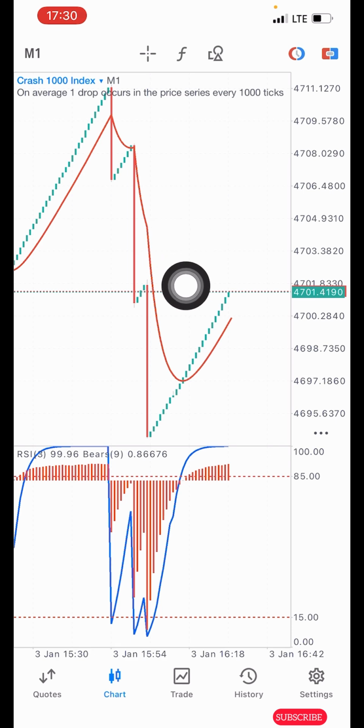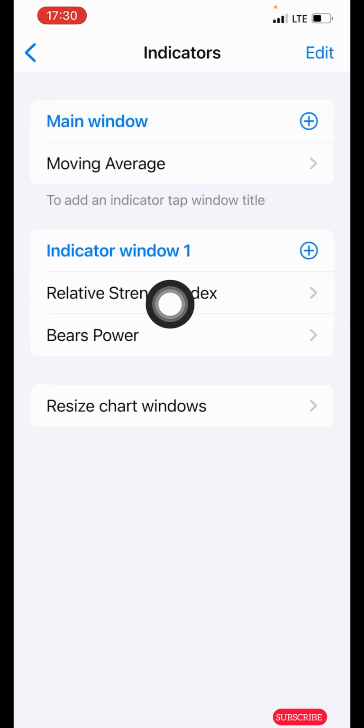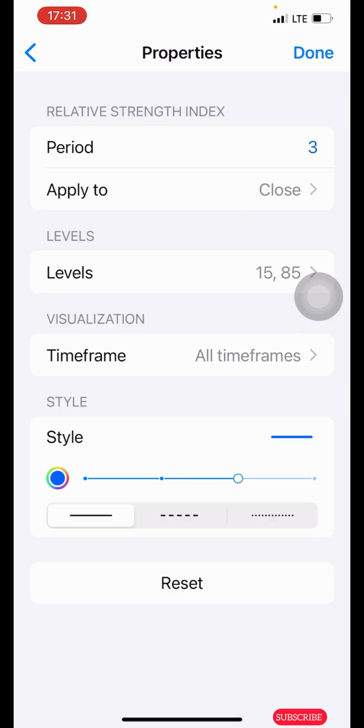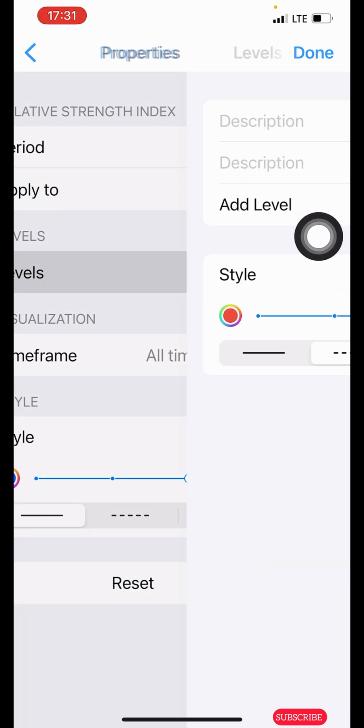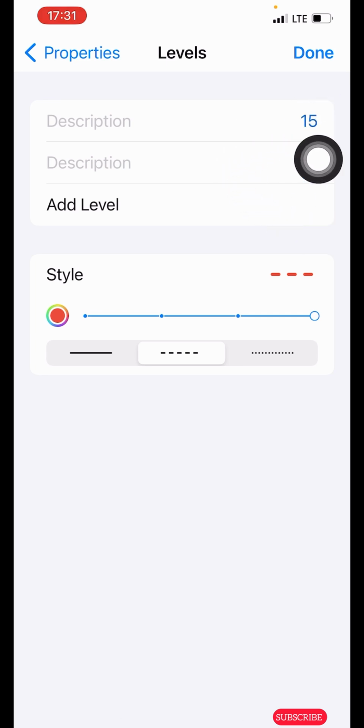The next indicator we have here is the relative strength index. You click on the main window plus icon here, and then you search for your relative strength index. These are the properties for the relative strength index. The period is 3, apply to close, the levels you make it 15 and 85, color red, 3 pixel, and then you click on done.